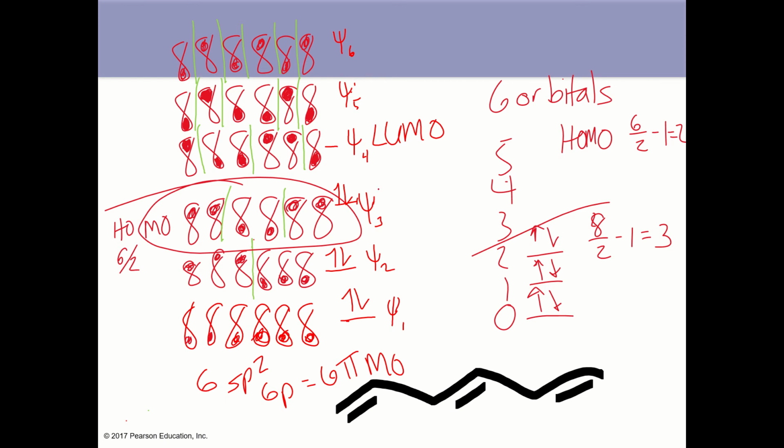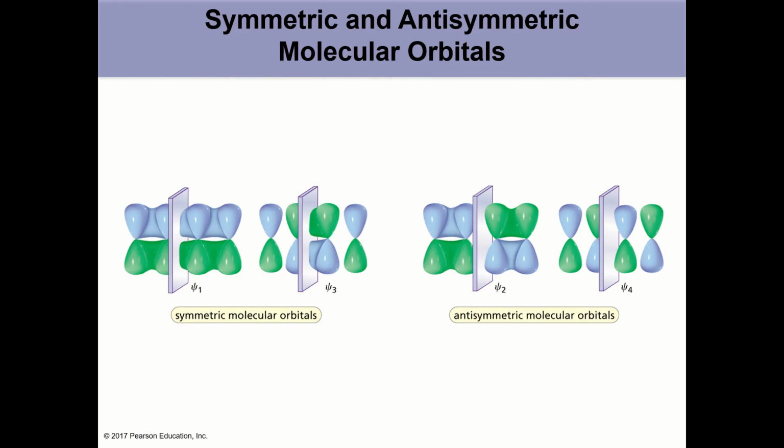And notice that the odd-numbered orbitals are symmetric. So Psi1 is symmetric. It has an internal mirror plane. Psi3 is symmetric. It has an internal mirror plane. I can fold it in half. And Psi5 is symmetric. All right. Symmetric and antisymmetric orbitals.